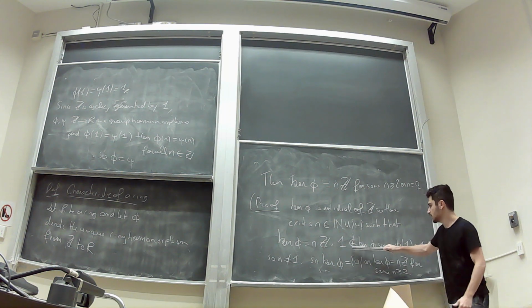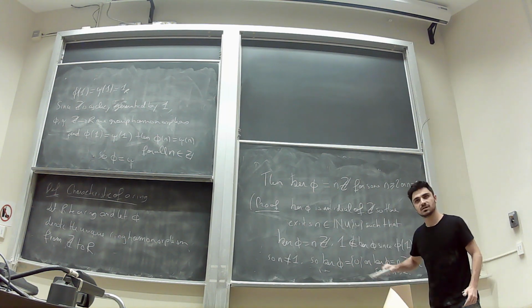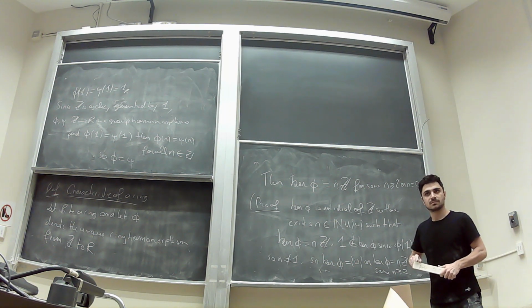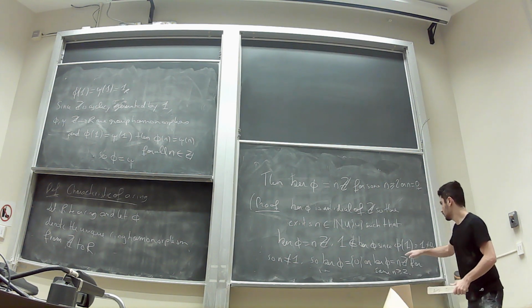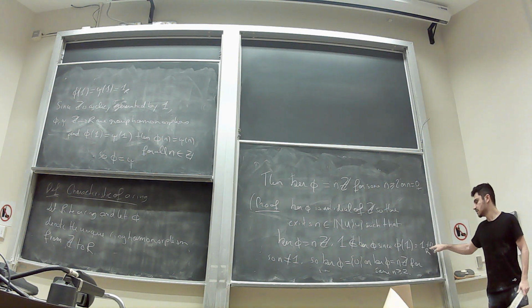So if 1 doesn't belong to the kernel, then the kernel is not everything. But why doesn't 1 belong to the kernel? Because phi of 1 is equal to 1_R, different than 0. And the kernel must send to 0. Exactly. Always.